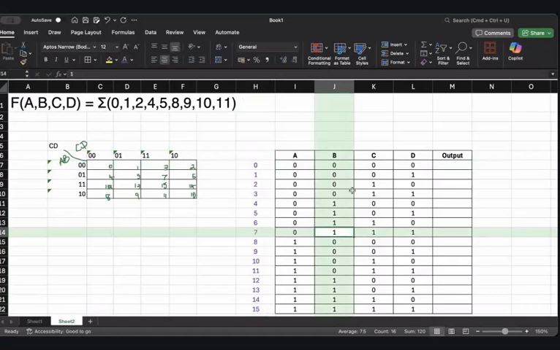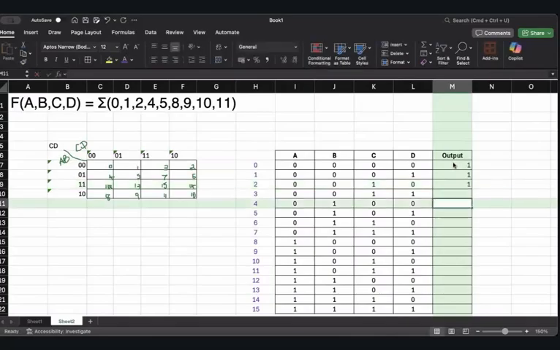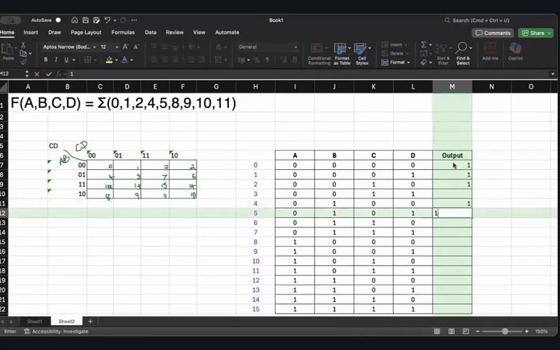You have different values. Now from the Boolean function, simply you have to put the values 1 and 0. It is showing as a sum of products: at 0, it is 1. At 1, it is 1. At 2, it is 1. At 4, it is 1. At 5, it is 1.